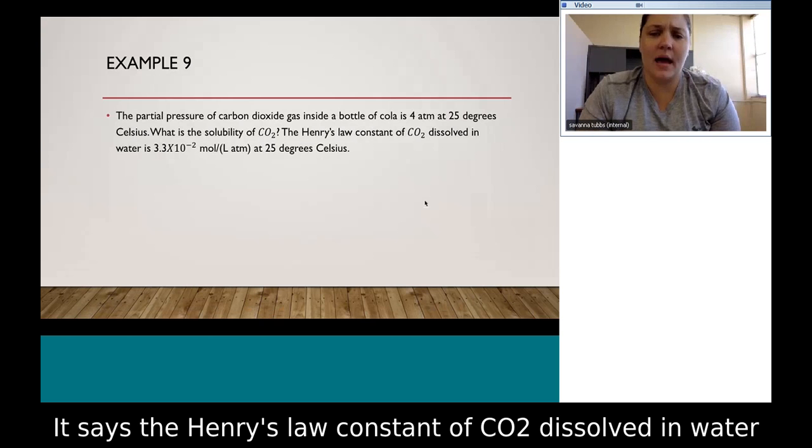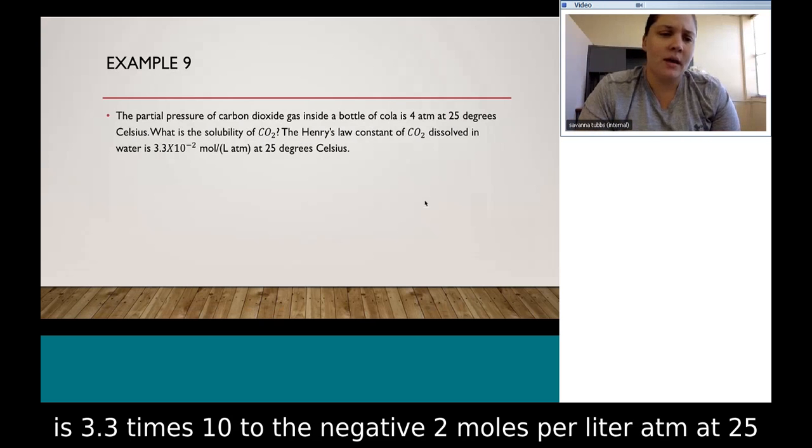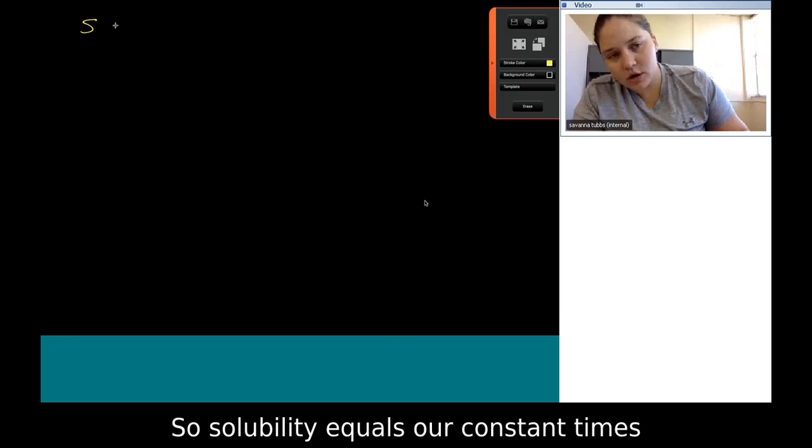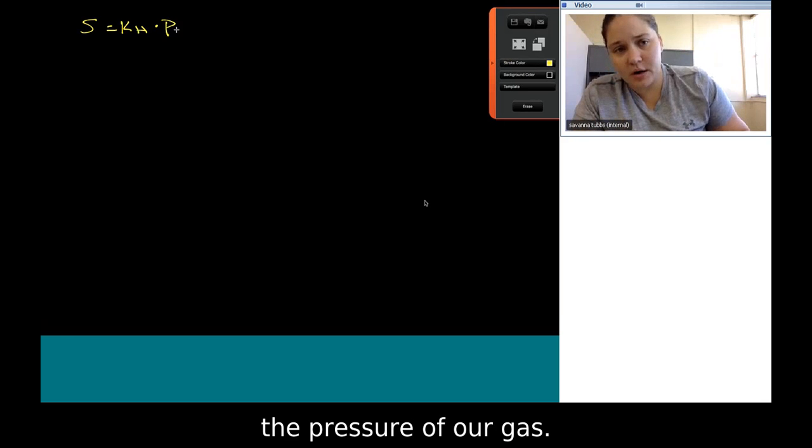It says the Henry's law constant of CO2 dissolved in water is 3.3 times 10 to the negative 2 moles per liter ATM at 25 degrees Celsius. So we write out our equation. Solubility equals our constant times the pressure of our gas.